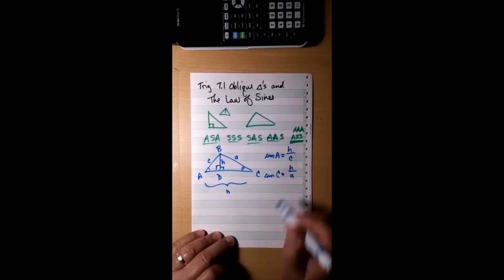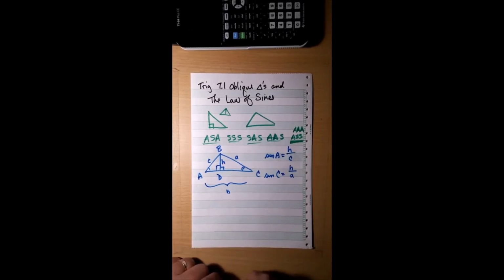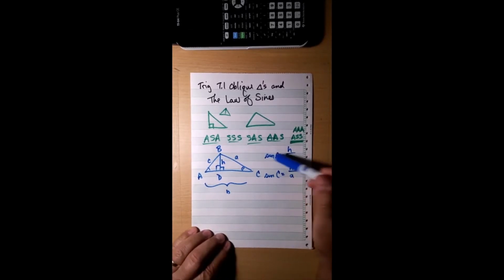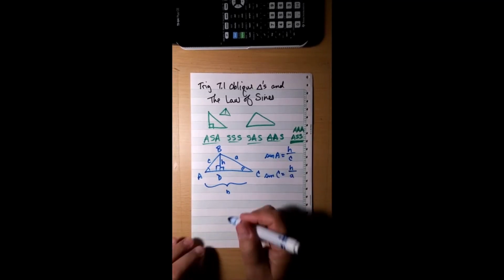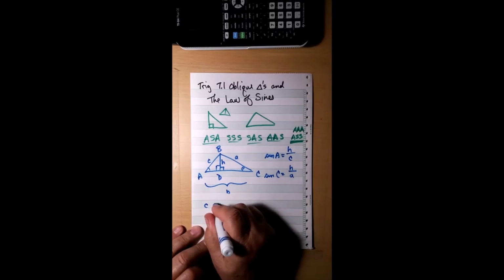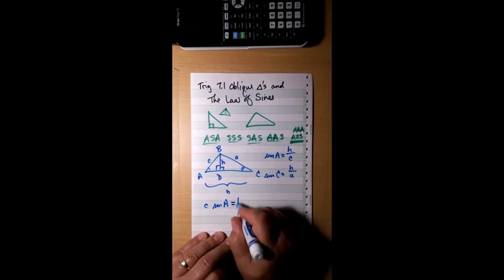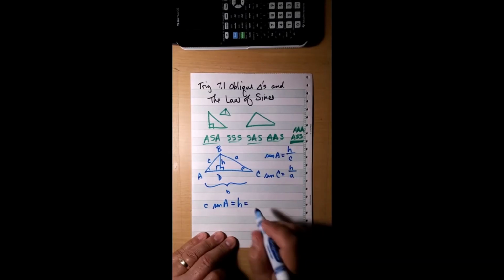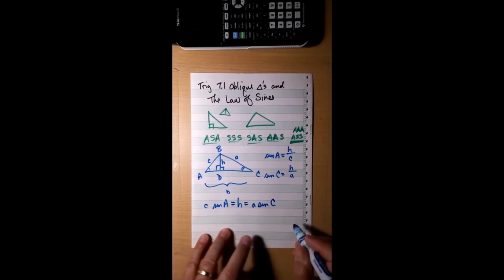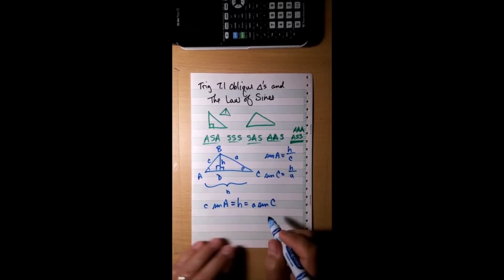Well, both of these equations have in common that H. So if we solve for H, here we get c times sine A, here we get a times sine C. So c times the sine of A is equal to H, which for this other one is equal to a times the sine of C. We're just solving for H here and then setting them equal.